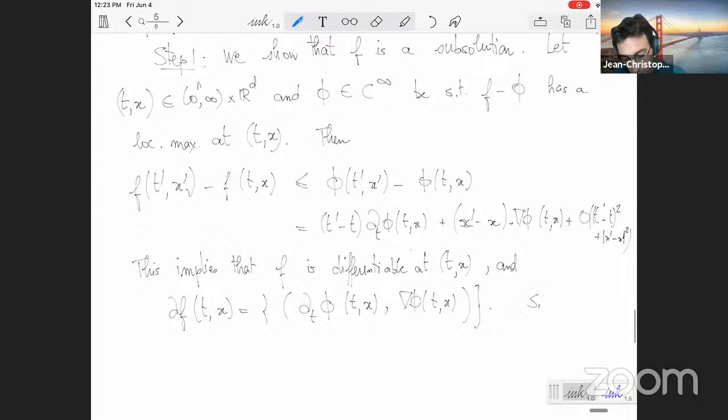So we get that partial t phi minus H of grad phi at tx is equal to 0. And this is better than what we needed to check for saying that f is a subsolution. Indeed, f is a subsolution.